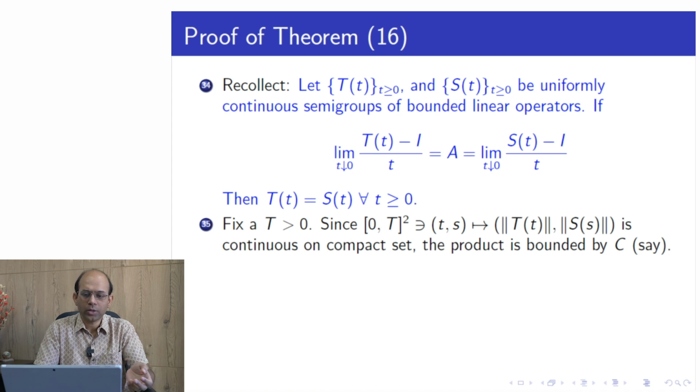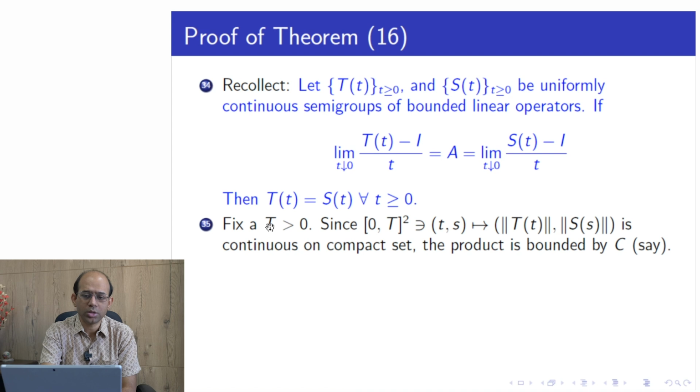So we can conclude that if you take the product of these two, the norm of T(t) and the norm of S(s), then that function of two variables is a bounded map on [0, T] whole square, and we name that upper bound to be capital C. So the product is bounded by C. This is the main part where we really require the finite capital T.